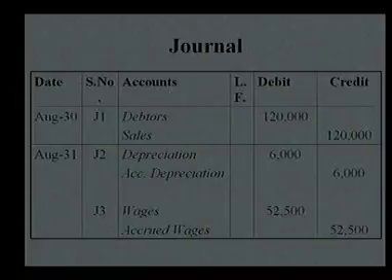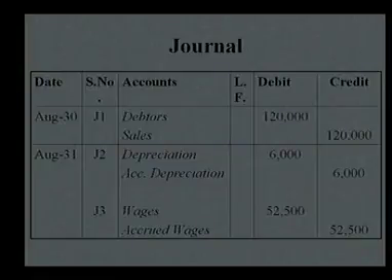Now, since we require the two financial statements as of 31st August, we are including journal entries J2 and J3. Now, if you look at journal entry J2, it deals with depreciation. Depreciation is an expense.